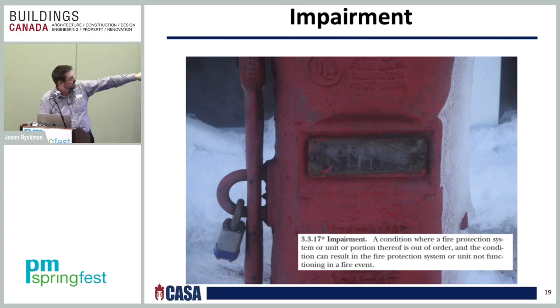That picture shows you an impairment just by doing a visual examination, an inspection, which anyone can do if you have a little bit of knowledge of the system. This says "shut." If you see any valves that say shut, you'd better ask some questions on why that valve is shut, because your system is probably impaired. So make sure that system is up and running.